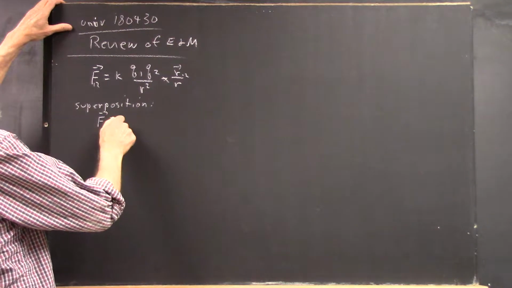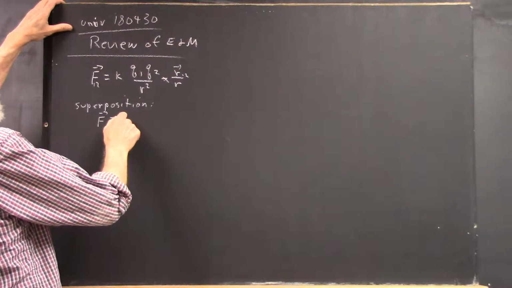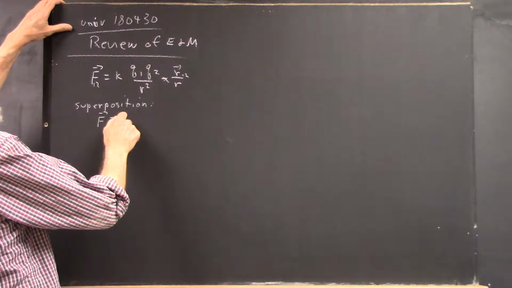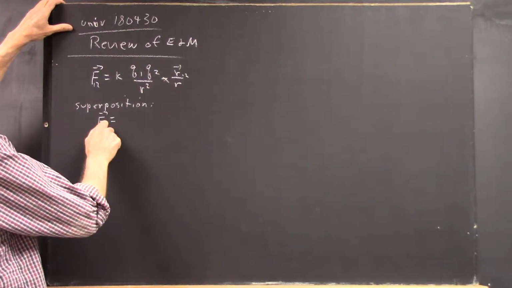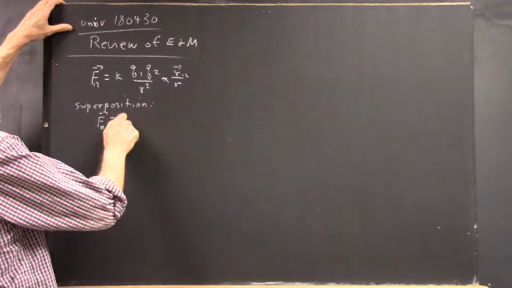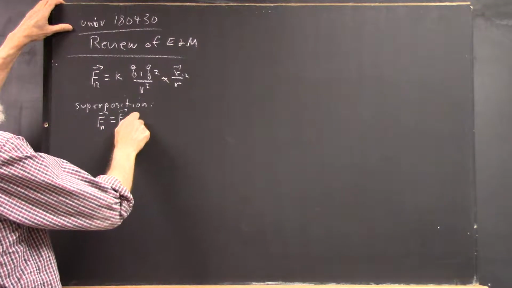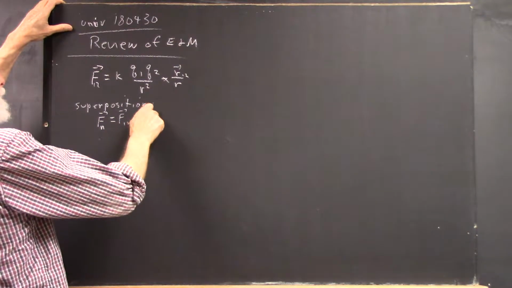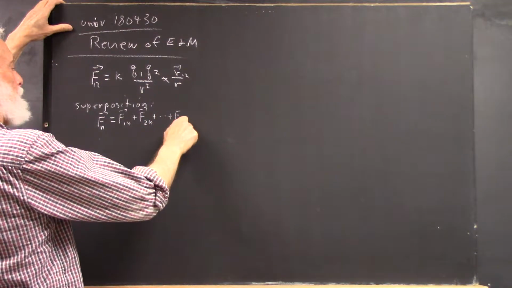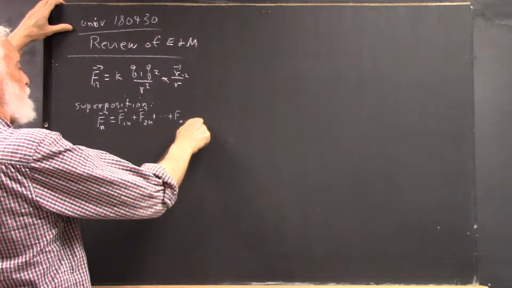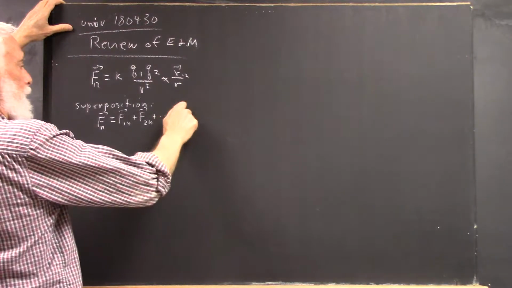It could be expressed as F equals, I don't have a good notation for that, I'll say F sub n equals F1n plus F2n plus Fn minus 1 n.